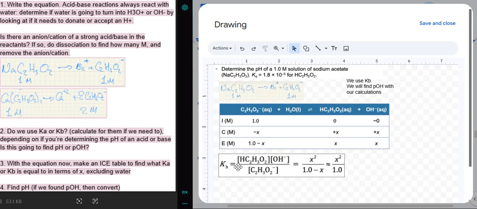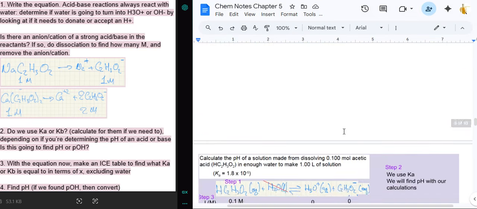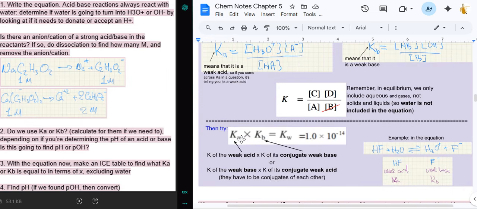But we don't know Kb. We need Kb, but we don't know Kb. So now we use our second tool here.